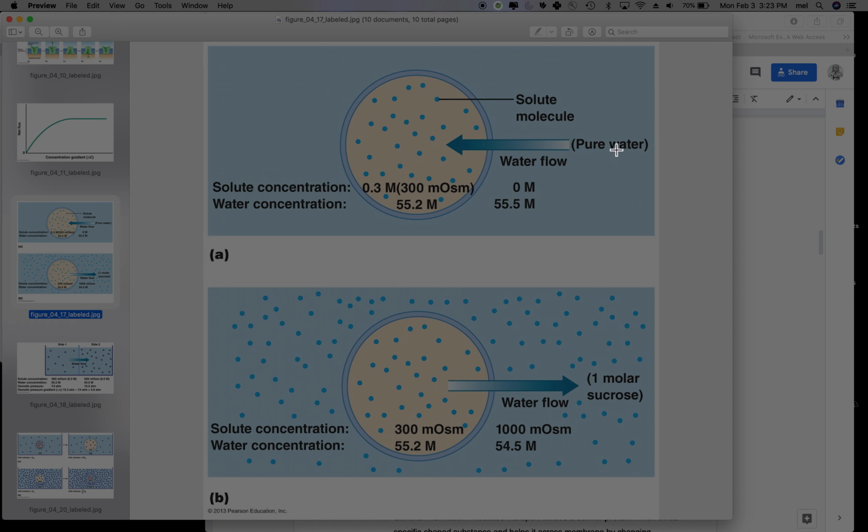So the water concentration moves from high water concentration to low water concentration and diffuses straight into the cell via osmosis. Okay, what would happen in this cell if this occurs is that the cell would actually increase in size because the extracellular fluid was hypotonic to the intracellular fluid.